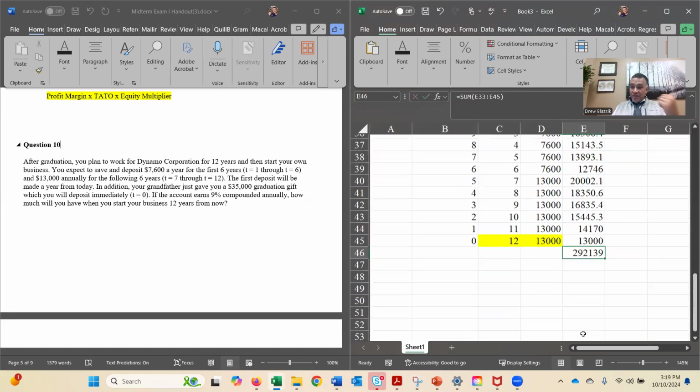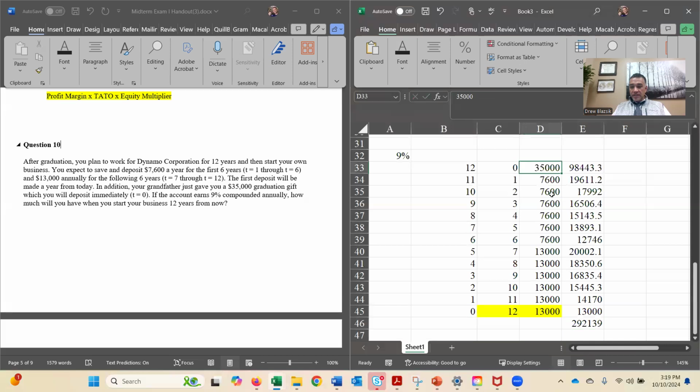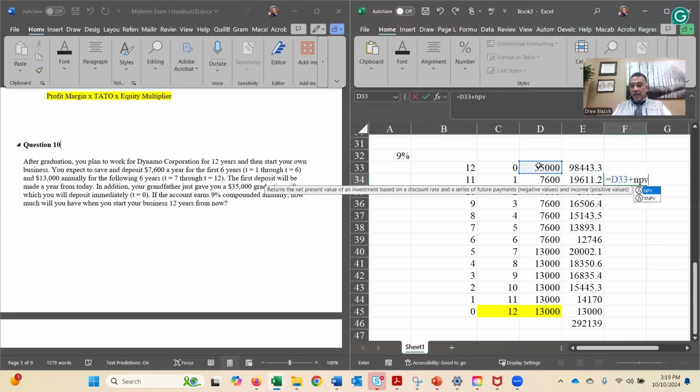If I ask for the present value of all these, I'll show you real quick how to do that. I would do, well, this is already in the present, 35,000. I'm going the other way. And I'm going to plus, and I'm going to do an easy one. The net present value equation. There's no such thing as a net future value equation, unfortunately.